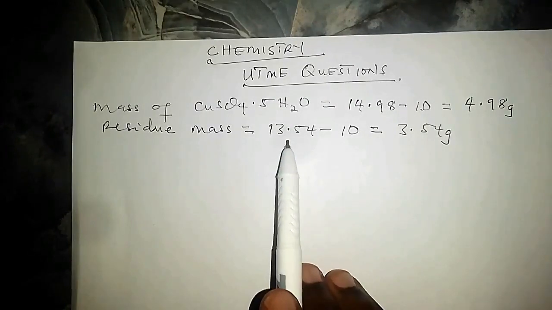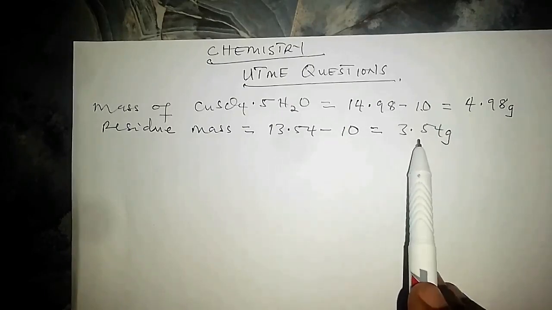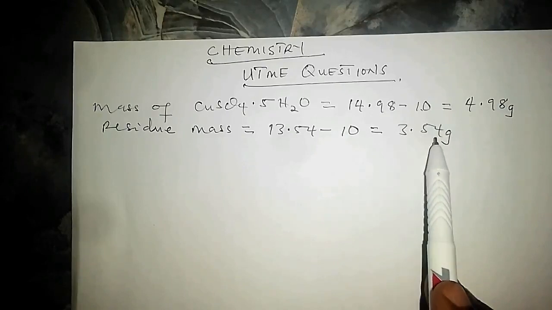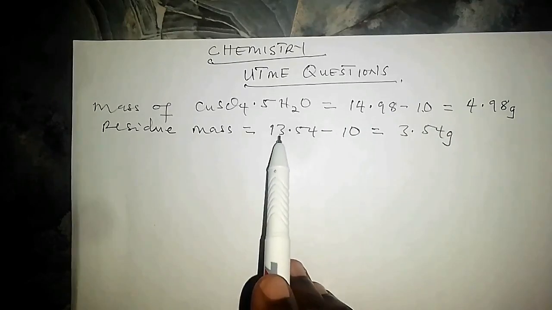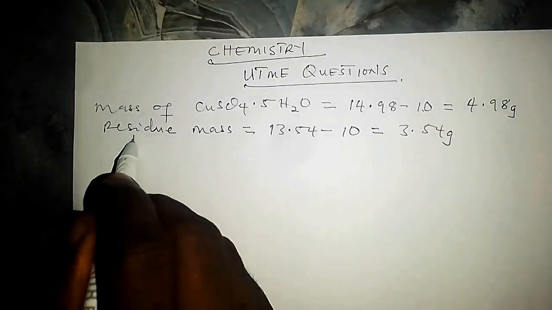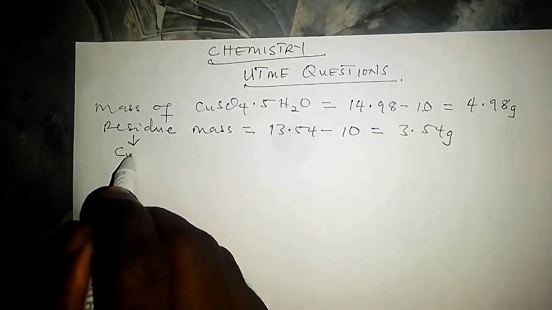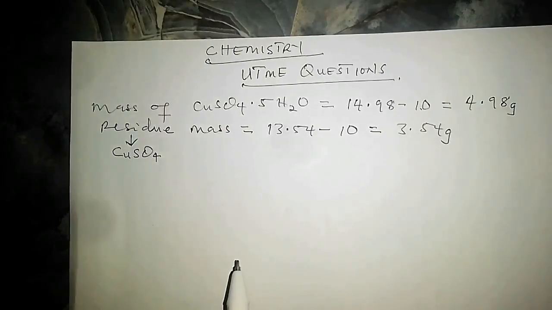Now you subtract the mass of crucible from the mass of crucible plus residue, so you get the mass of residue. Is that taken? And our residue here is anhydrous copper(II) sulfate.